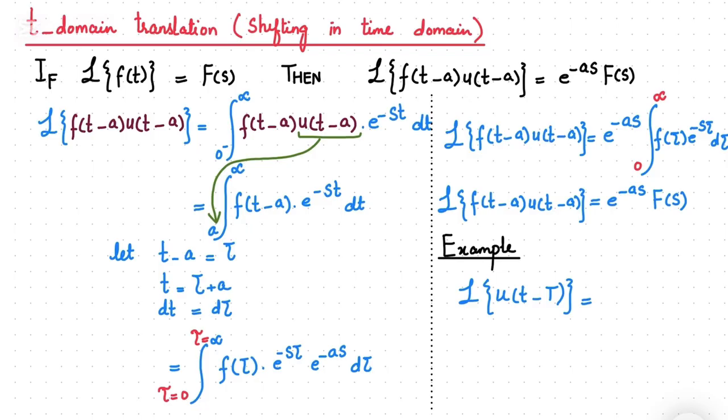When t is equal to a, what about tau? Tau would be equal to 0 to satisfy the equation. It means the lower limit in terms of tau would be 0. And when t is equal to infinity, tau would be equal to infinity as well, so the upper limit stays the same. So here the limits are in terms of tau, whereas in the earlier equation limits are in the form of t.